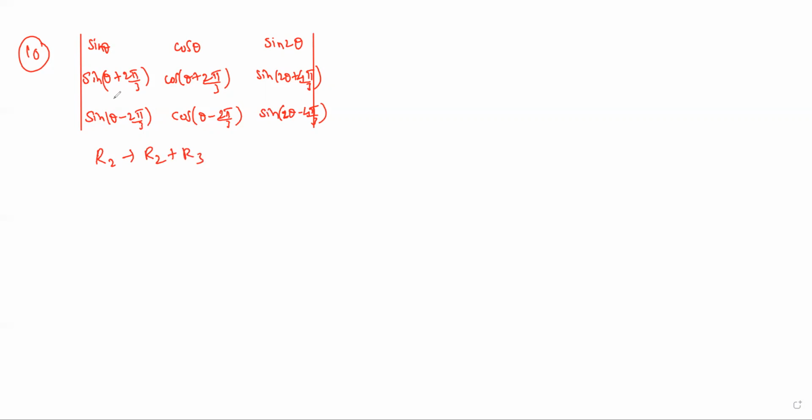By adding R2 and R3, these terms become sine of A plus B plus sine of A minus B. The second position is cos of A plus B plus cos of A minus B. The third is sine of A plus B plus sine of A minus B. We know sine of A plus B plus sine of A minus B is 2 sine A cos B. Similarly, cos of A plus B plus cos of A minus B is clearly 2 cos A cos B.